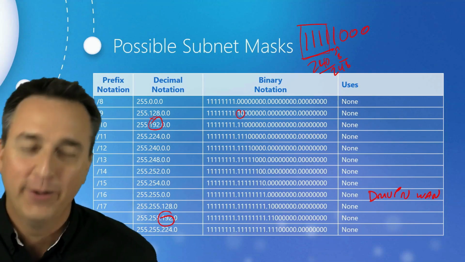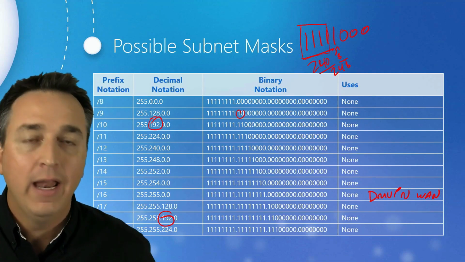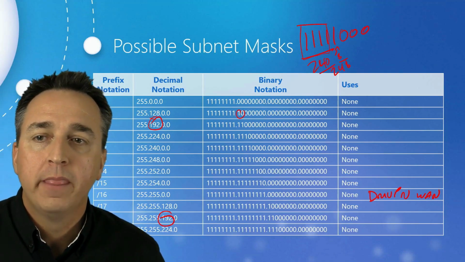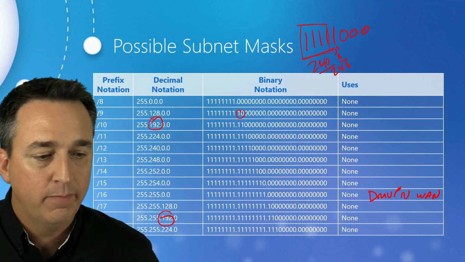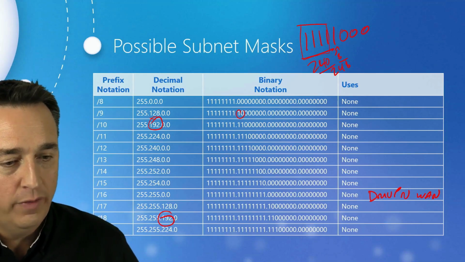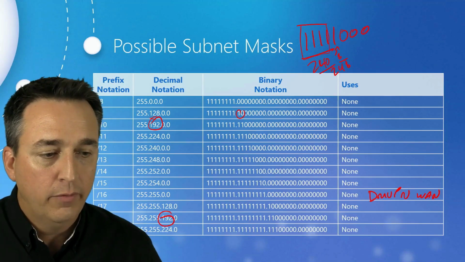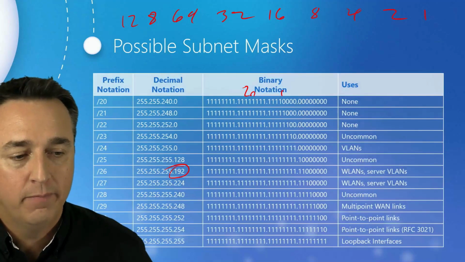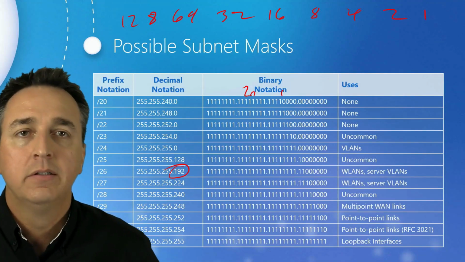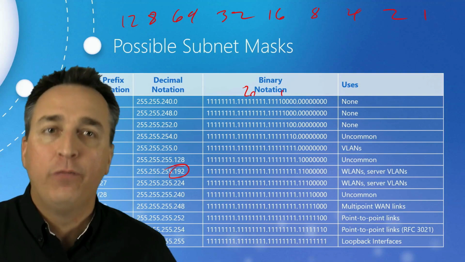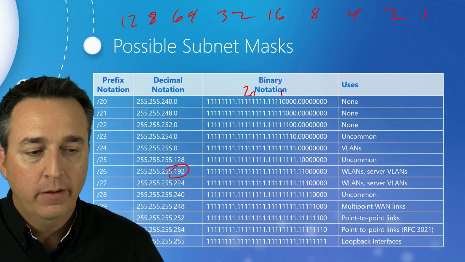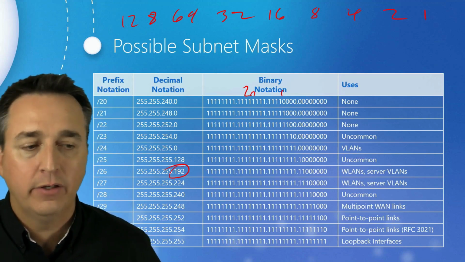But 192, either in the second octet or the third octet or the fourth octet, in the end, you're counting by 64. And if it's 224, no matter what octet, you're counting by 32.